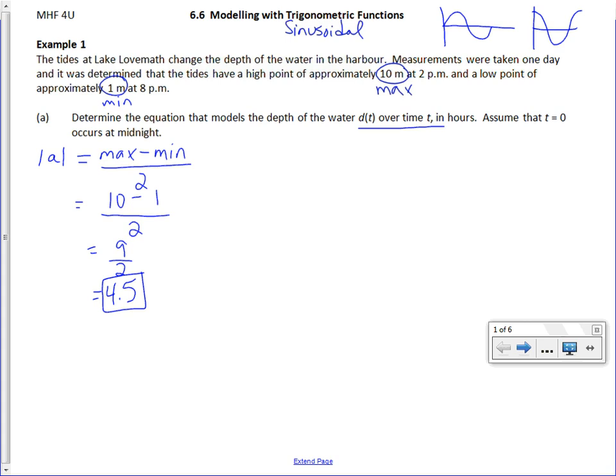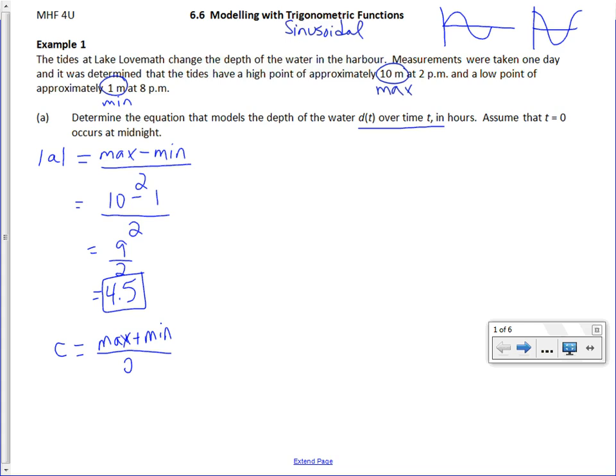Let's find C. C is where the sinusoidal axis, which always lies in the middle of your function. If I want to find the middle of something, I take the average, and so instead of max minus min, to take an average, I do max plus min.